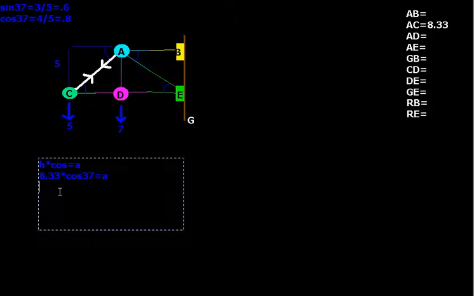Or, nah, it's fine. So we get 8.33 times cosine of 37. And what's our cosine of 37? That's 4/5, or rather, I'm sorry, 0.8. That's just what we put up here, our 0.8.